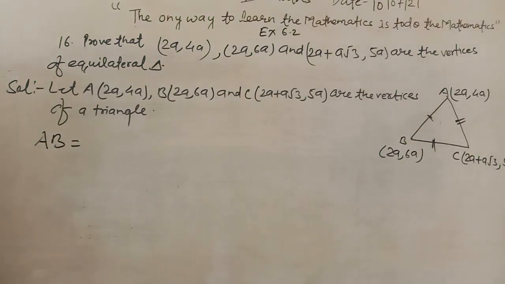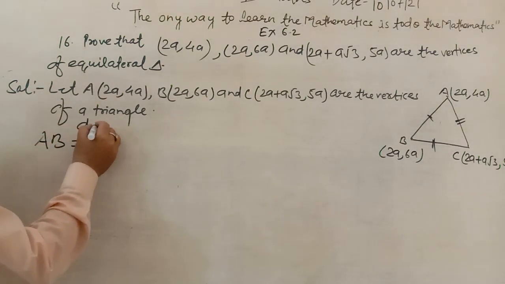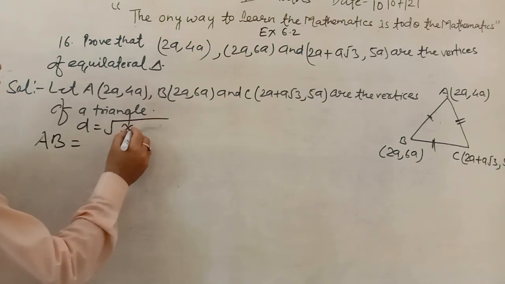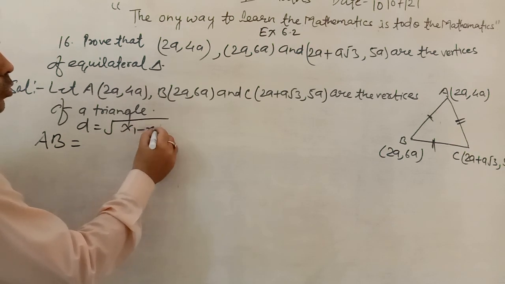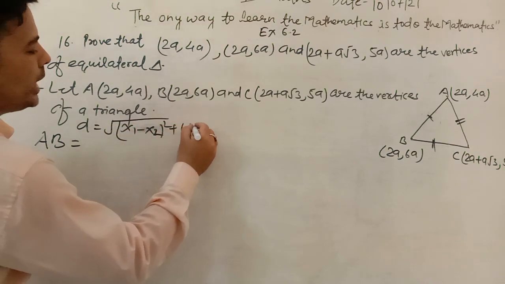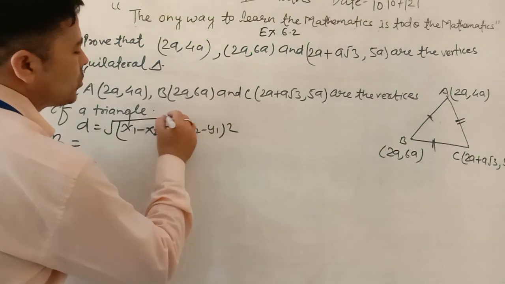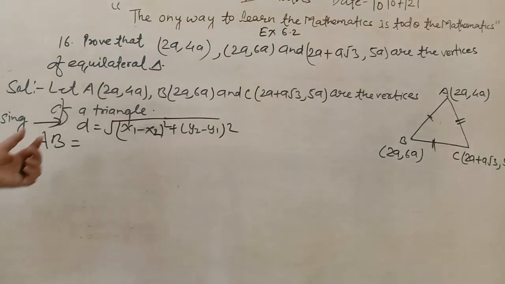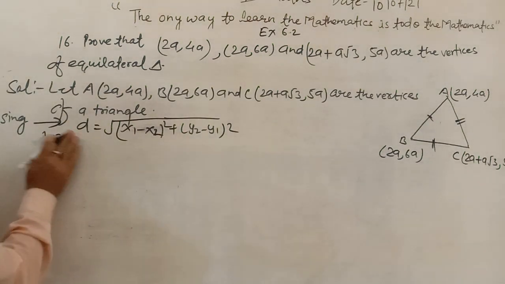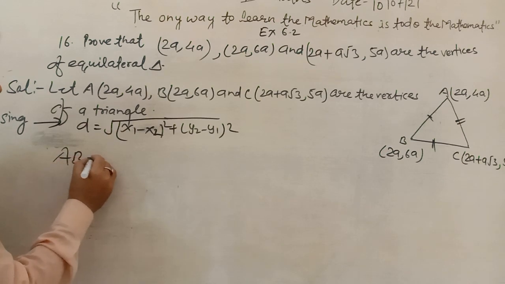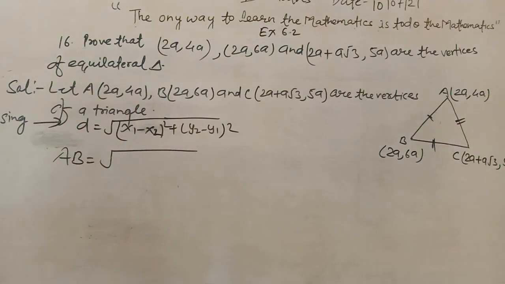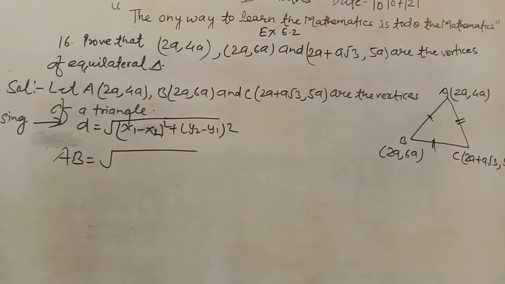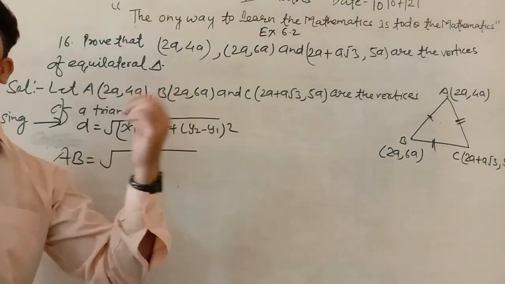Using the distance formula, you know that d is equal to the square root of (x2 minus x1) whole square plus (y2 minus y1) whole square, or you can also write (x1 minus x2) whole square plus (y1 minus y2) whole square. Using this formula, the value of AB is equal to the square root of, here x1 is 2a. You know that x means the value of abscissa and y means the value of ordinate.